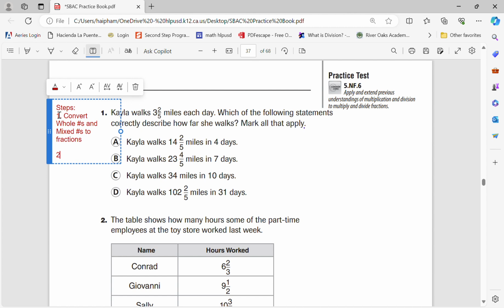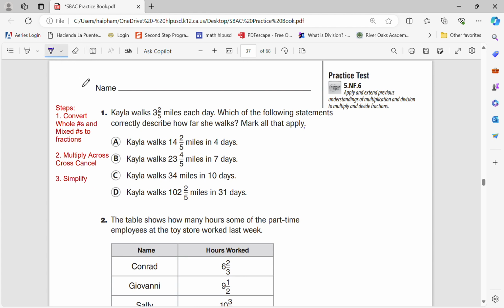Step 2, multiply across, cross cancel if it's possible. And the last thing, don't you forget to simplify. All right, let's dive into this.